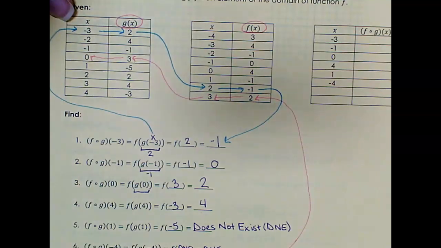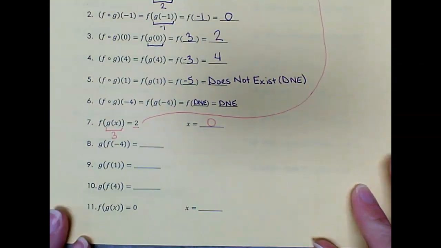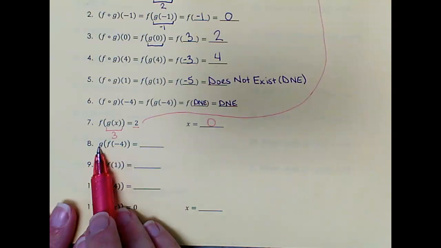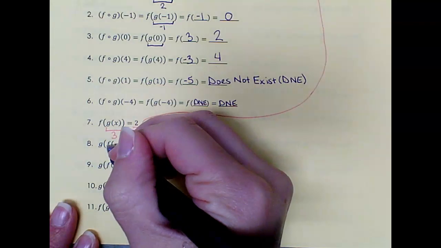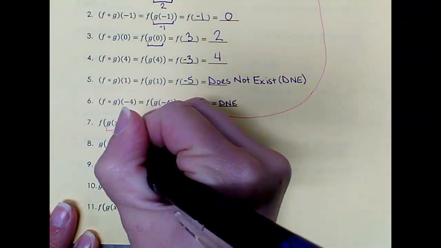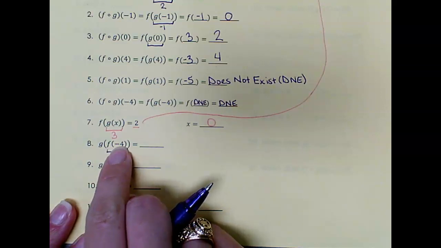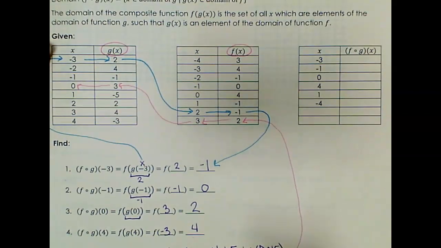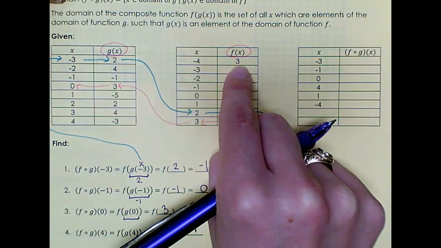So you have 4 problems remaining. It's a mix of the first type of problem and the last problem, but notice now that you're finding g of f of something. So when you do that, g of f of -4, you need to go look for the function value where x is -4 in the f function. So here's the f function, here's -4, f of -4 is 3.